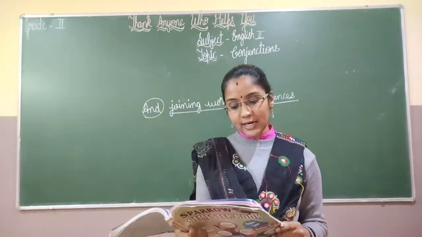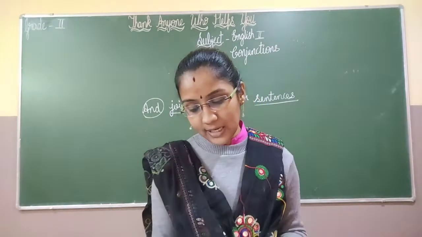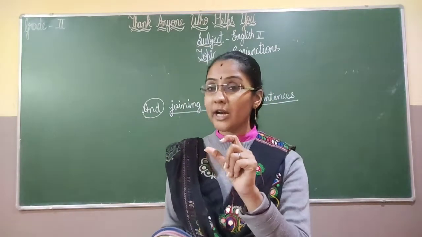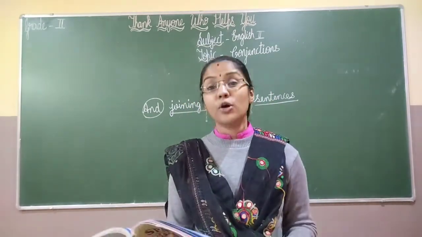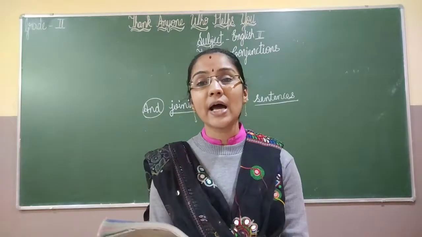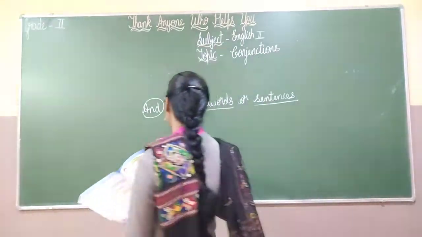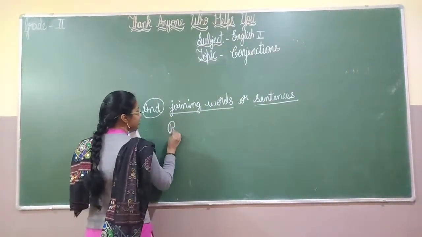Rohan is in class 2. Simran is in class 2. Instead of that, what can we write, children? Rohan and Simran are in class 2. So what can we write, children?